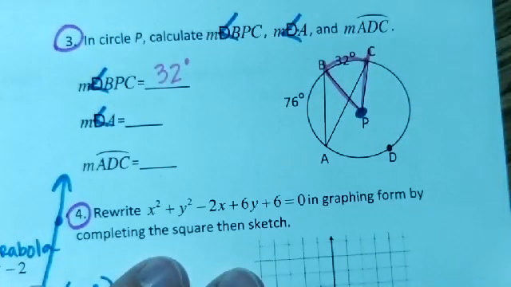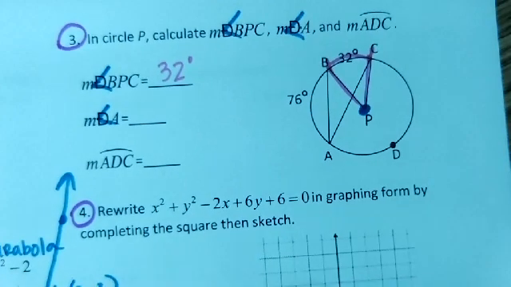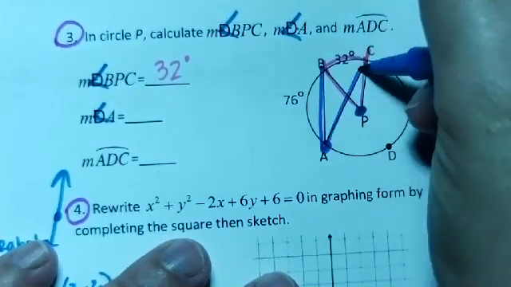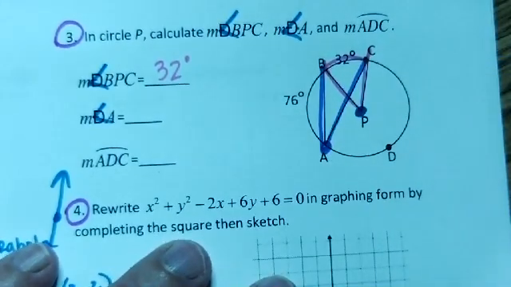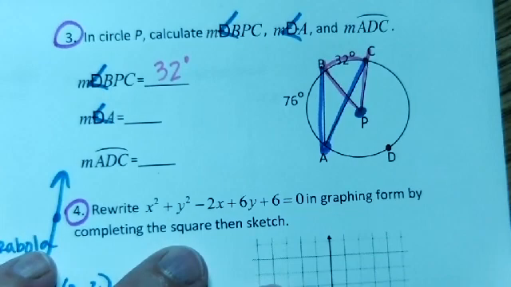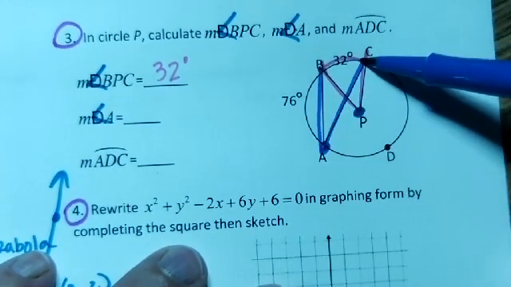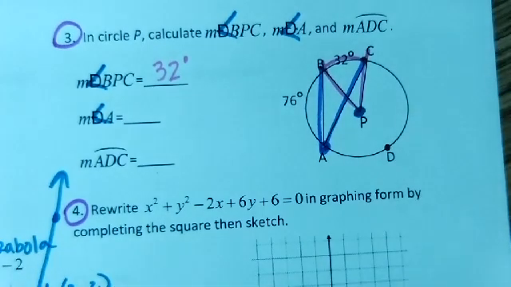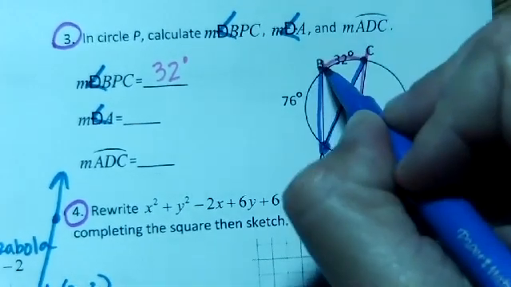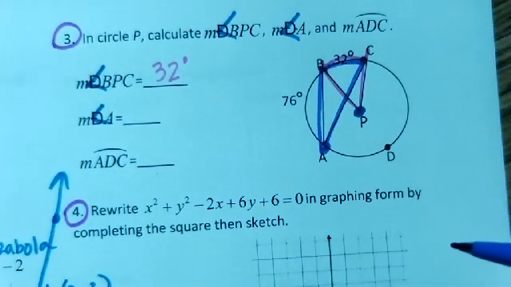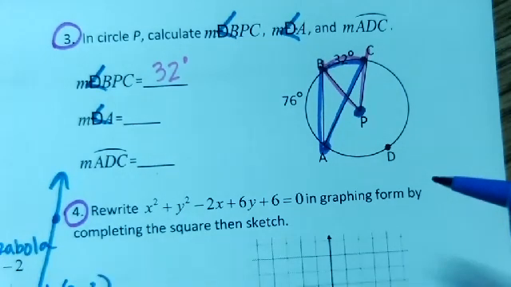Okay? Now, angle A is right there. That's an inscribed angle. It's inscribed because it goes from an outside to an outside to an outside. That's called inscribed. It does not hit the center. When it's inscribed, that angle is half the arc that it is intercepting.